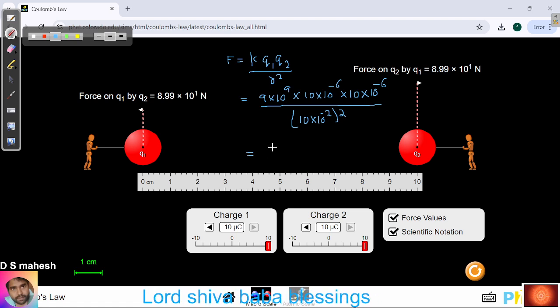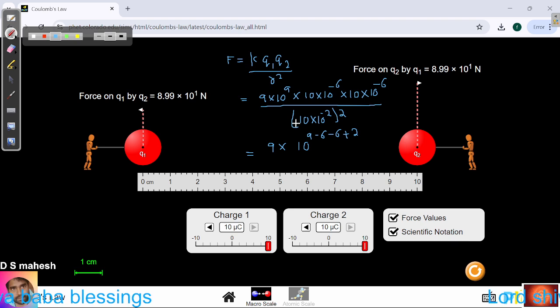So I can write this as 9 into 10 to the power of 9. This is minus 6, again this is minus 6. So 10, 10 and 10, this would form plus 2. Divided by, 10 square is there, so 9 divided by 100.